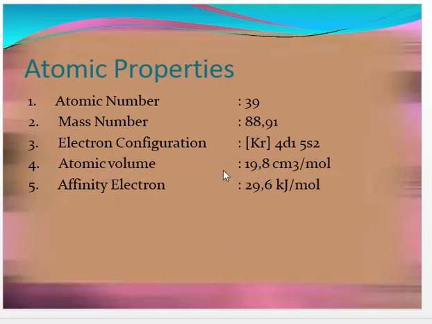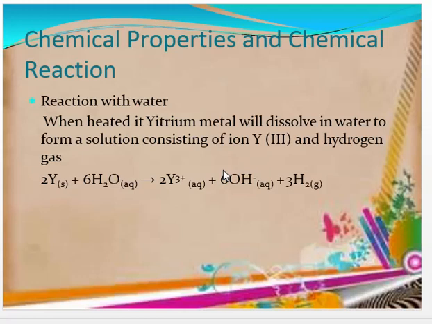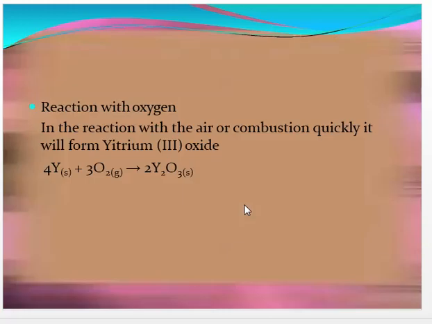They are atomic properties. About chemical properties of yttrium: reaction with water. When heated, yttrium metal will dissolve in water to form a solution consisting of yttrium 3 ions and hydrogen gas. Reaction with oxygen. In the reaction with air or quick combustion, it will form yttrium 3 oxide.